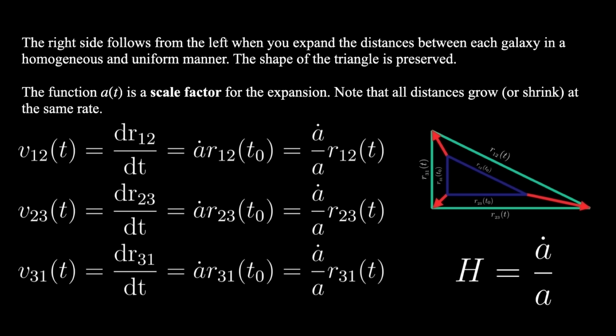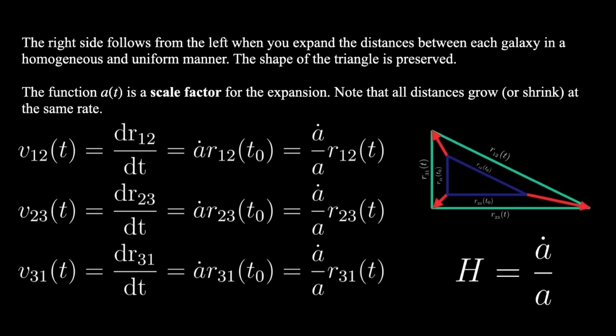All right, so now we can look at the nature of this expansion and how fast things are moving and what the rate of change is. All of them are going to have the same rate of change, but we can describe v, meaning the velocity of the change, and the v's already have a direction because we have v as measured between galaxy 1 and galaxy 2, and the v measured between 2 and 3 and 3 and 1.